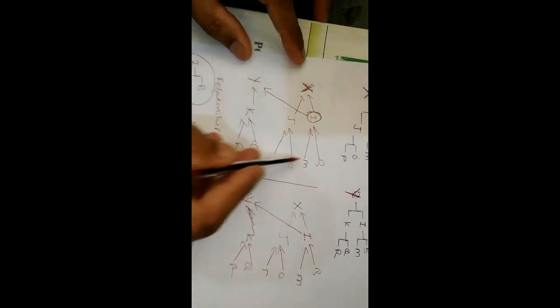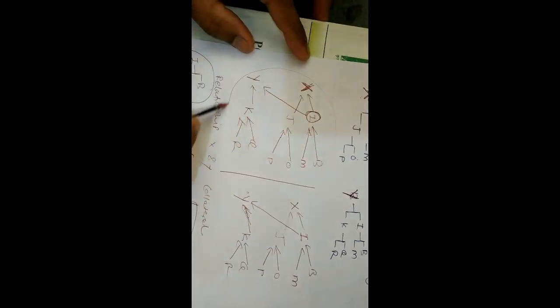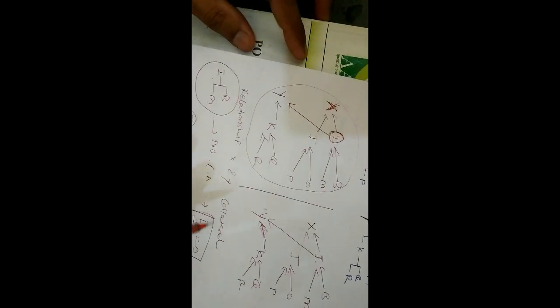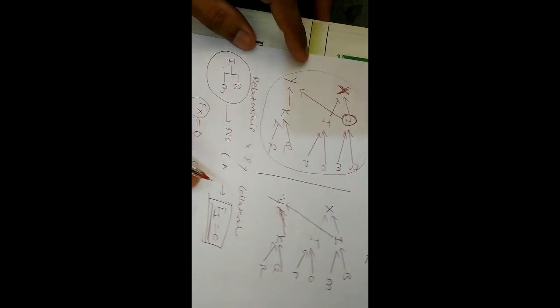Is there any other path in this pedigree? No other path is available. That's why the summation value is only 1/4.